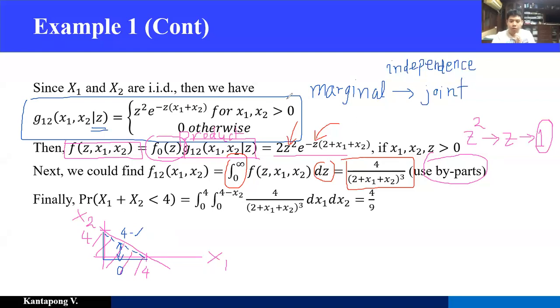Oh, sorry, we have to integrate by x1 first, right? So x1 is this axis, this one is 0, and this one is x2, so that means 4 minus x2. This is the first integration, but you can take the integration in any direction first, it is fine. And in this direction, we integrate x2 from 0 to 4, and we get 4 over 9 as the answer.